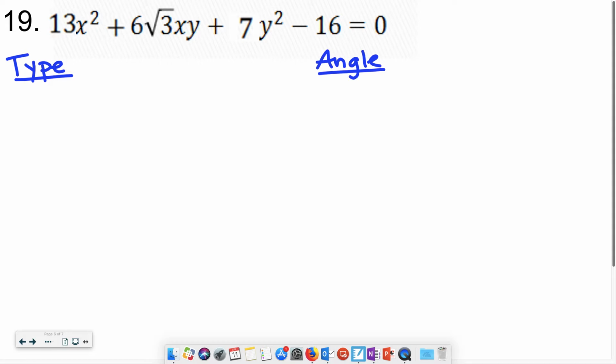Okay, figure out the angle. And then y divided by x. So you have to do the x. X prime.